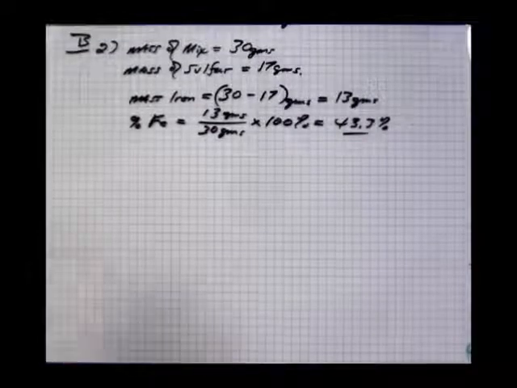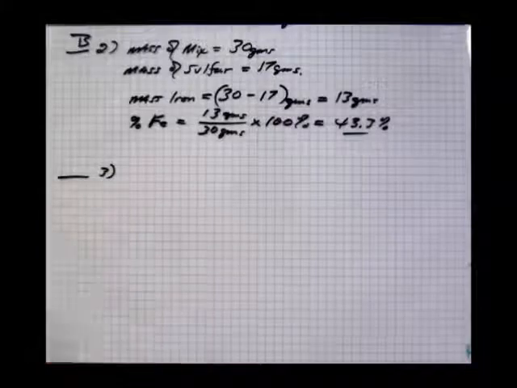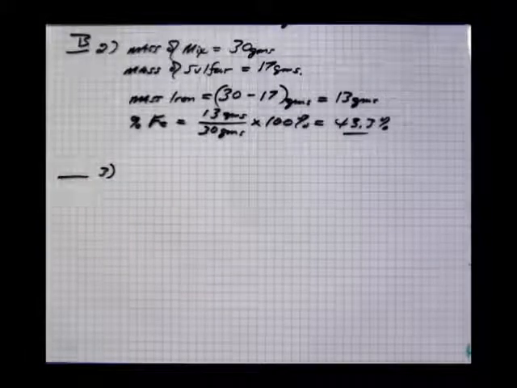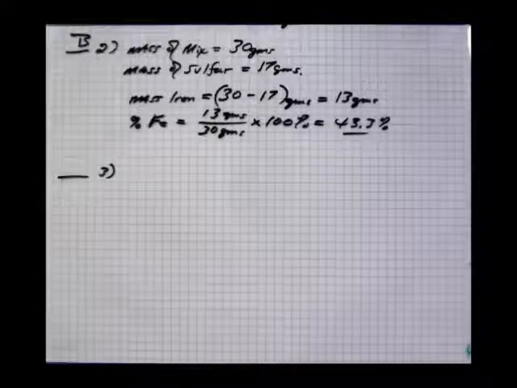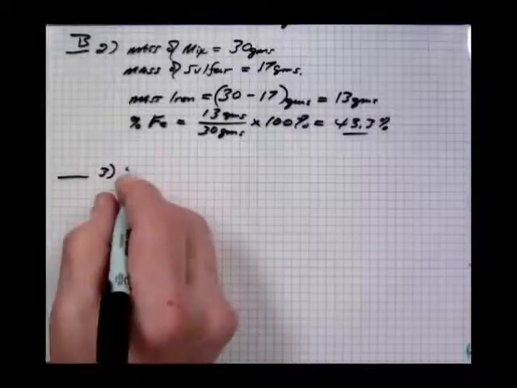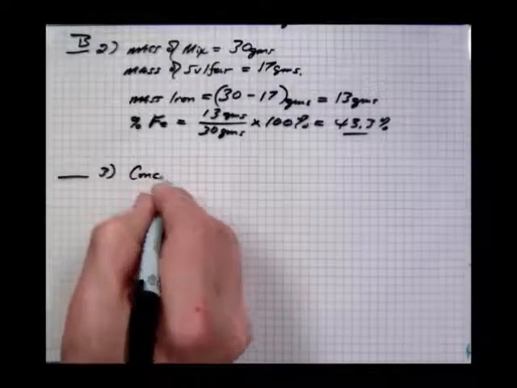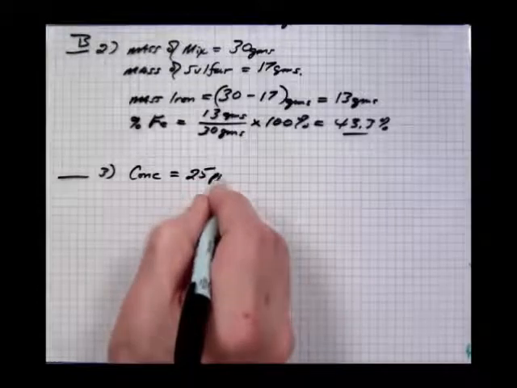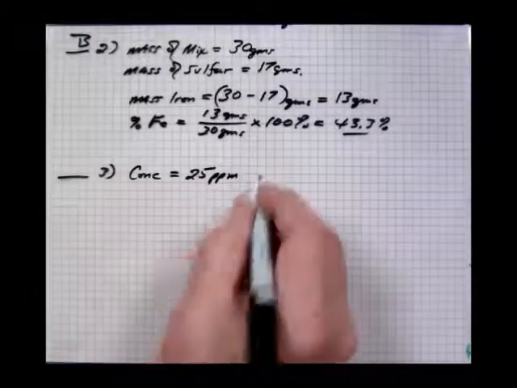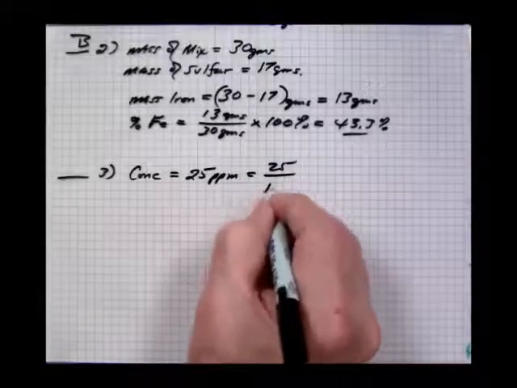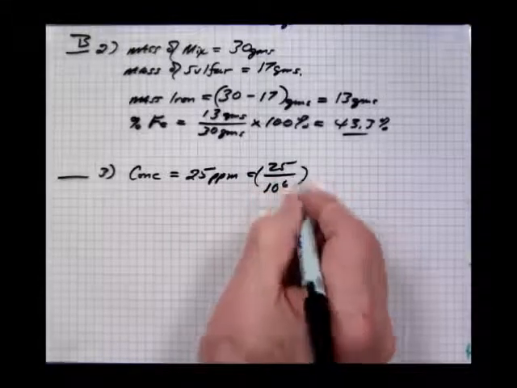Number 3. A compound was found to be 25 parts per million in the atmosphere, whatever it is. How much is this in a percentage? So concentration is 25 ppm, and essentially this is 25 parts out of 10 to the 6 parts.